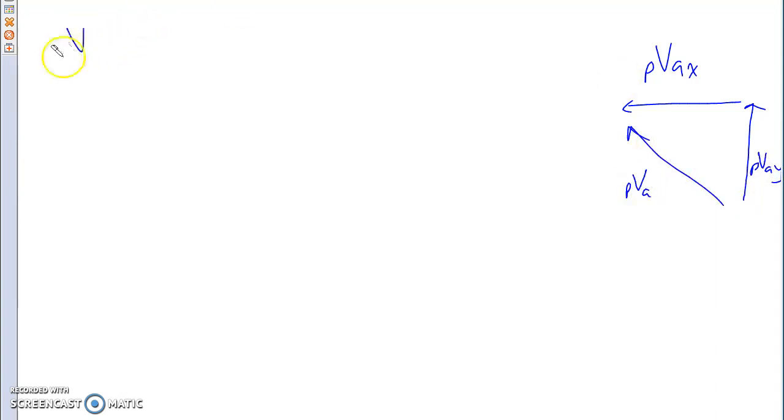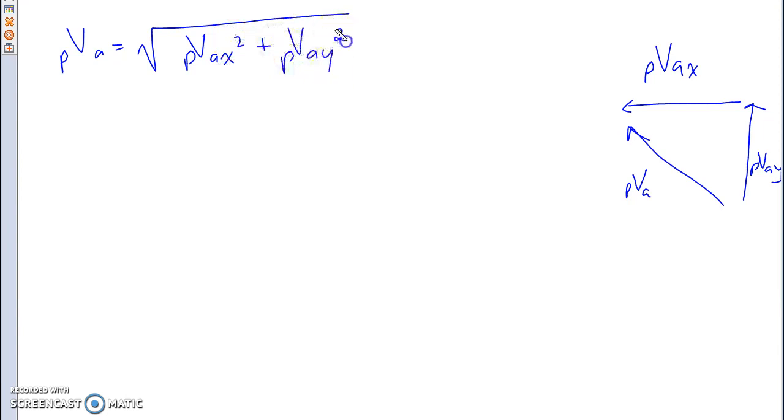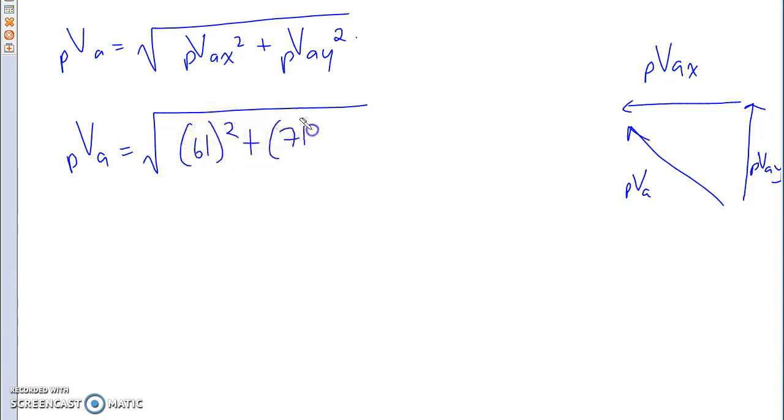So when we solve for it, VPA equals the square root of VPAX squared plus VPAY squared. Put the numbers in, and they are 61 squared plus 71 squared. And you get VPA, which is 93.6 kilometers per hour.